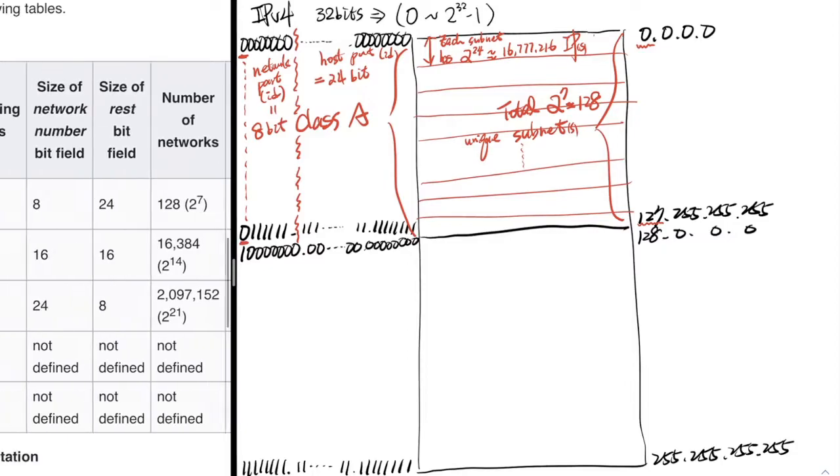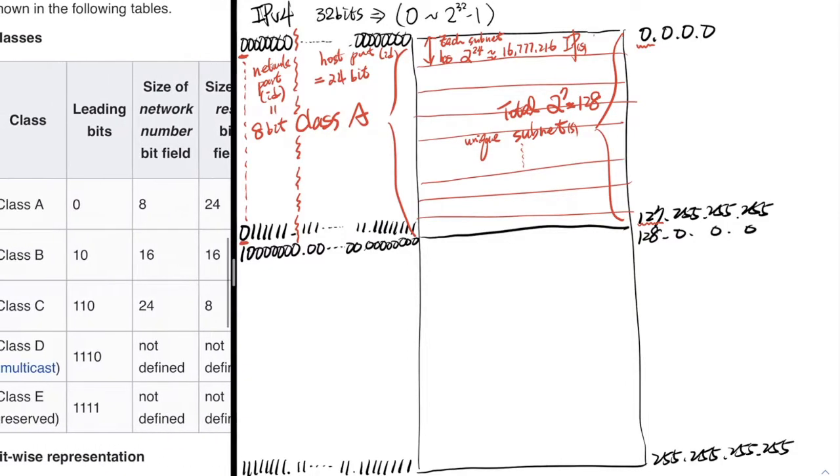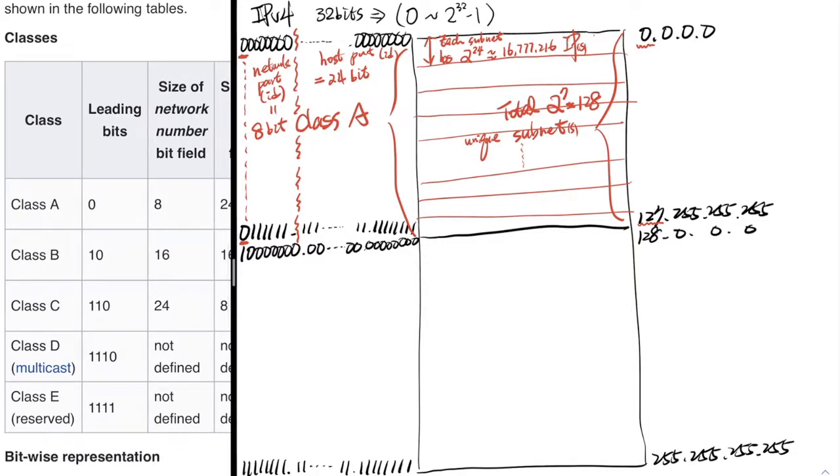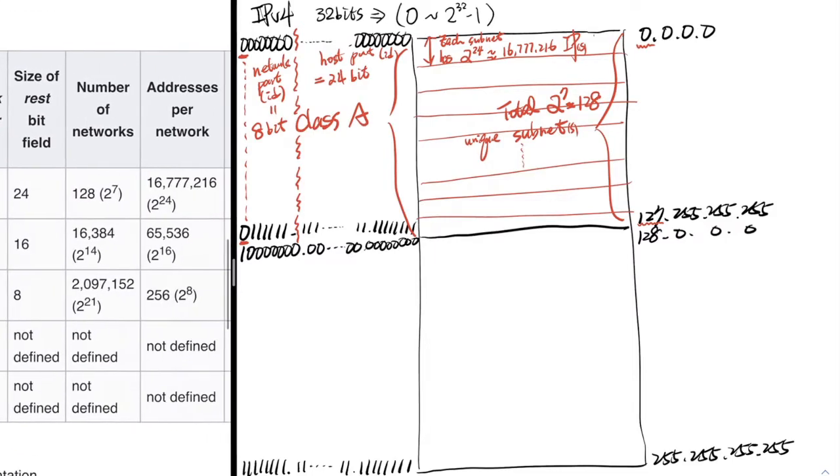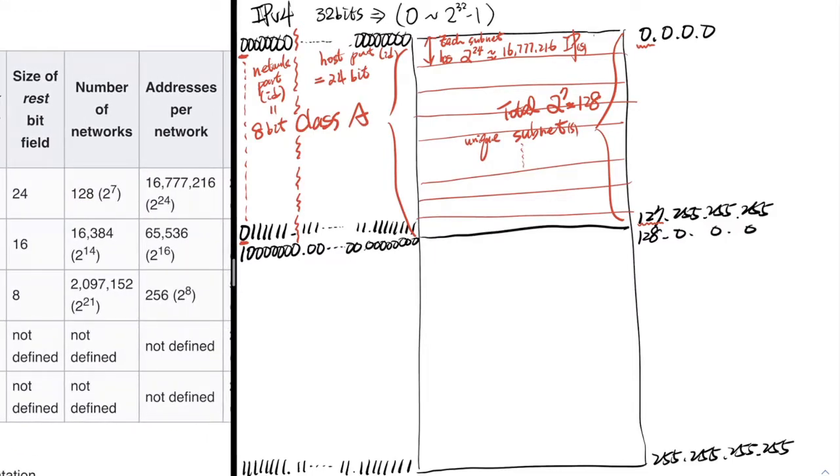So let's take a look at this one. For class A, the leading bit is 0, right? The network size is 8 bits. The size of the rest bit field, which means the IP host part, is 24 bits. So we have 128 unique subnets.